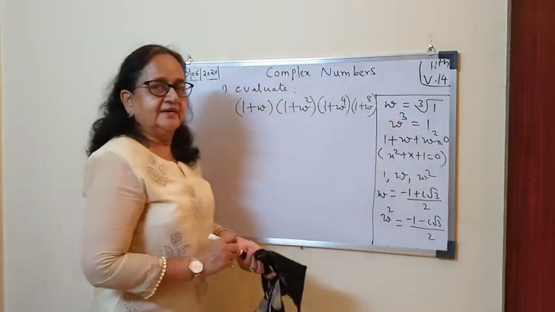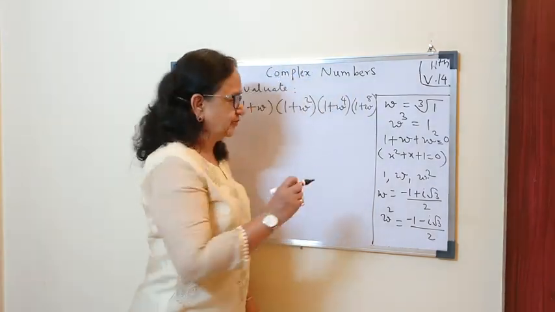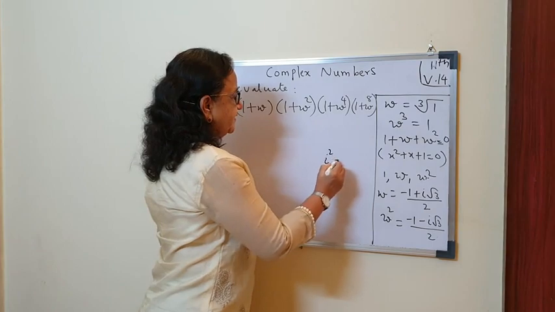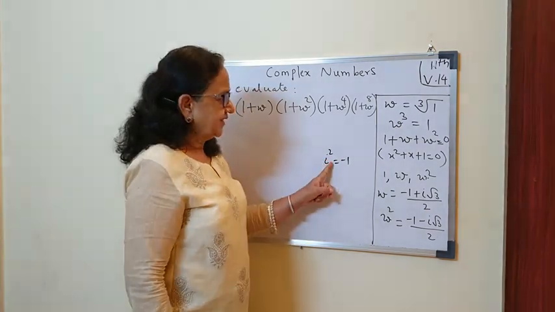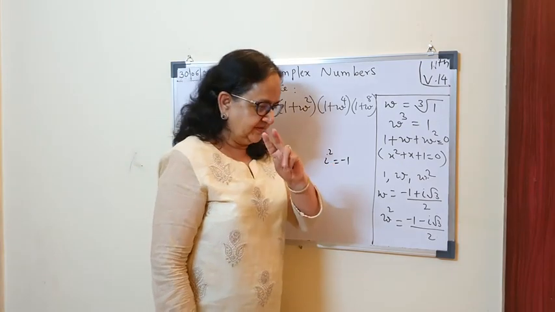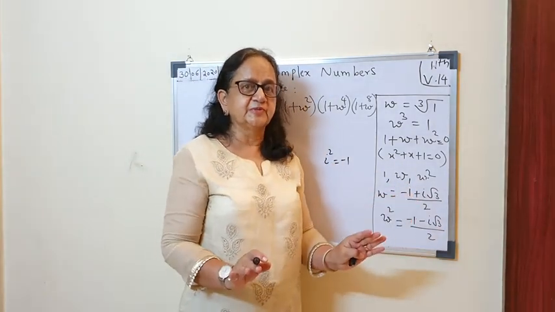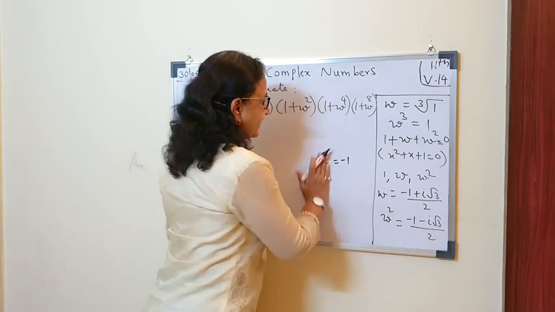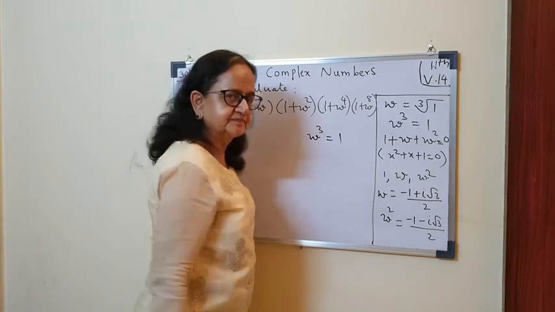Now remember, just as in complex numbers, I had told you i square is minus 1. After i square, everything I hit, i cube, i raised to 4, i raised to 10, I don't like them in the problem, so I remove them. Exactly the same way with omega. I know omega cube is 1.